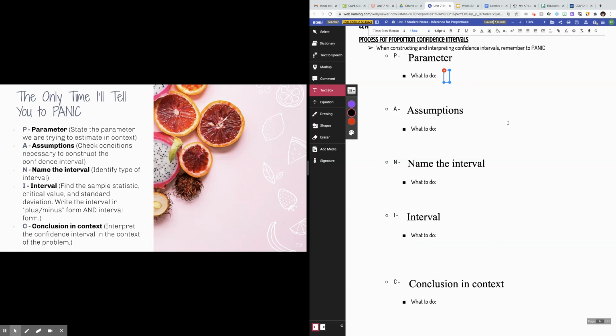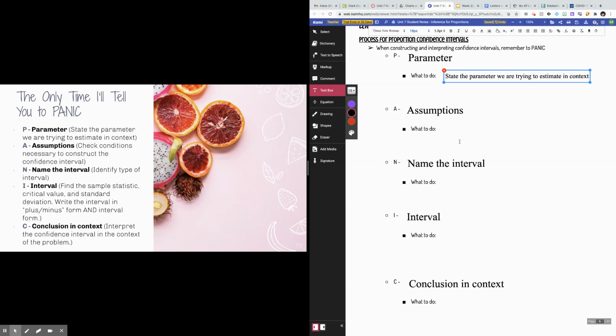Okay? So at your parameter step, what you do is you state the parameter we are trying to estimate in context. Okay, so for example, we are trying to find the true proportion of people voting for candidate A. Right, that's your parameter.